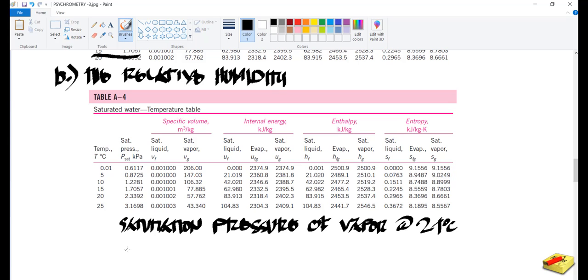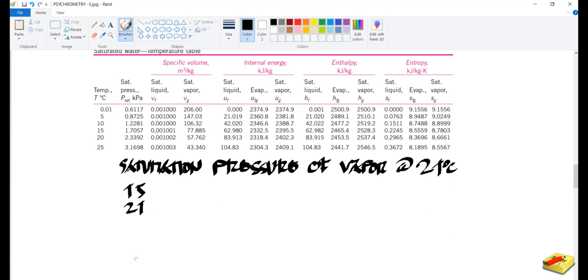So what we have here, we have 15. I'm going to interpolate 15. Oh, sorry, that is wrong. So then we will be starting 20, 21, and 25. So we have the value of how much this one is, 2.3392. We have your x. Then we have 3.1698.